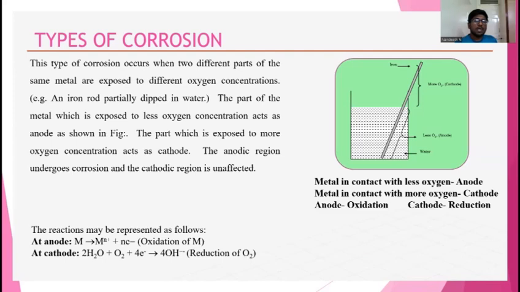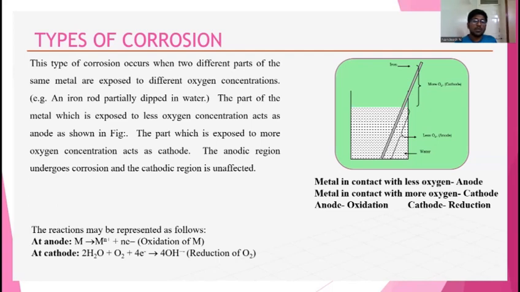This type of corrosion occurs when two different parts of the same metal are exposed to different oxygen concentrations. Example, an iron rod partially dipped in water. The part of the metal which is exposed to less oxygen concentration acts as anode, shown in the figure. The part which is exposed to more oxygen concentration acts as cathode.